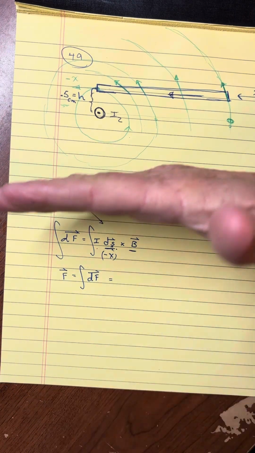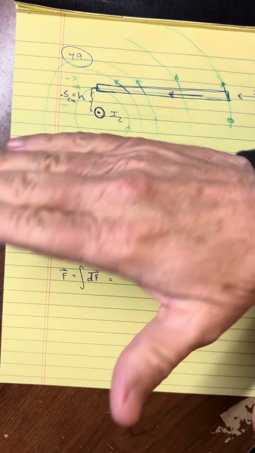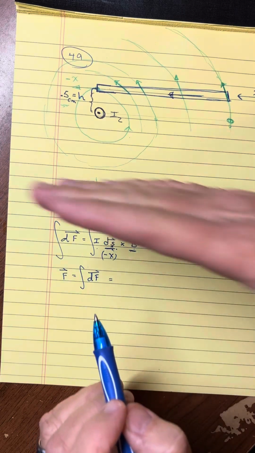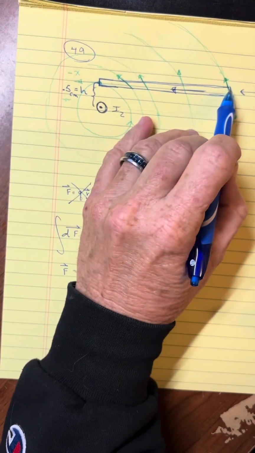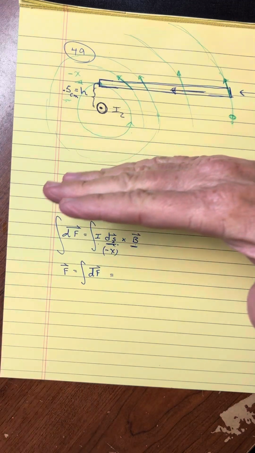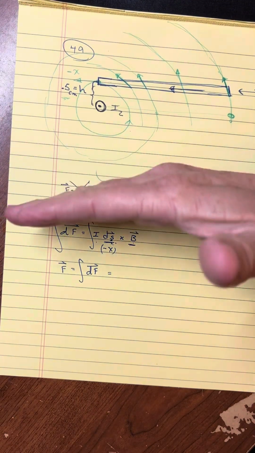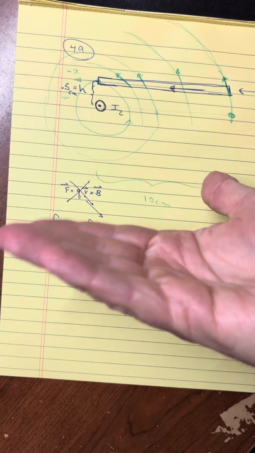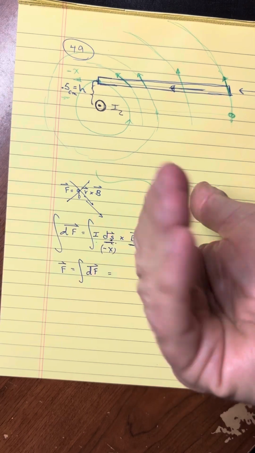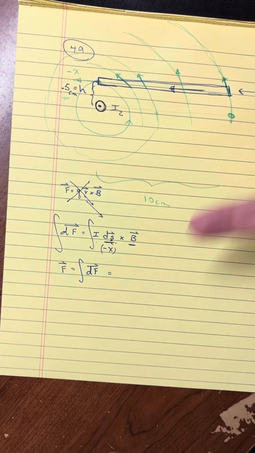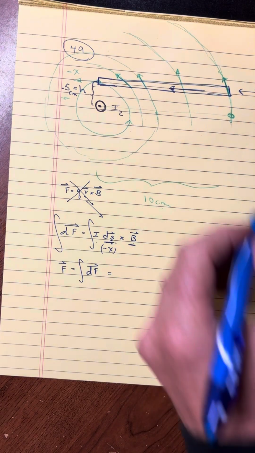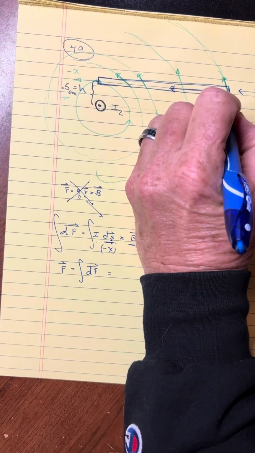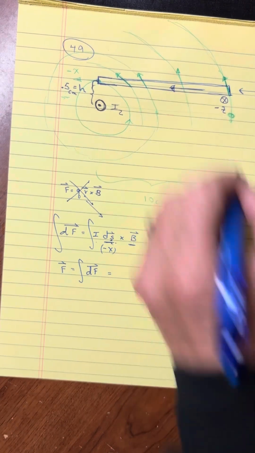Then if you remember, you're supposed to rotate your wrist until you can close your fingers towards B. Maybe if we look at this far one right here, I put my fingers first in the negative x, then I rotate my wrist so that I can close towards B. You're not quite 90 degrees, but almost. But notice my thumb is going in, and so I would have a force that would go in. I guess that would be the negative z direction.